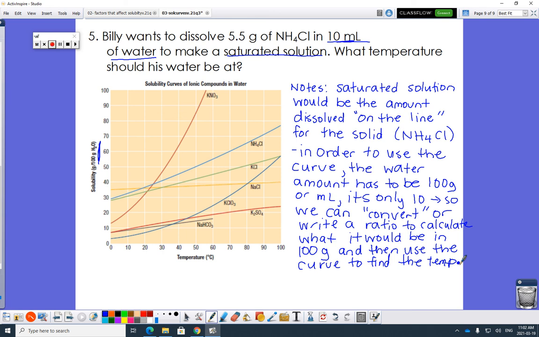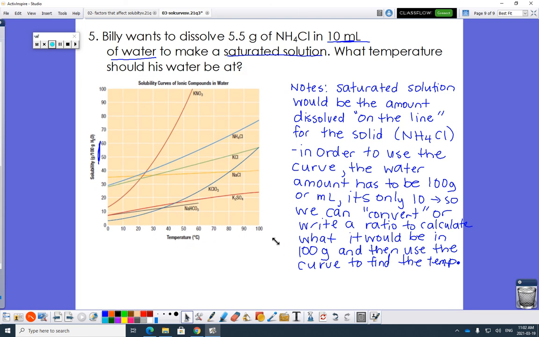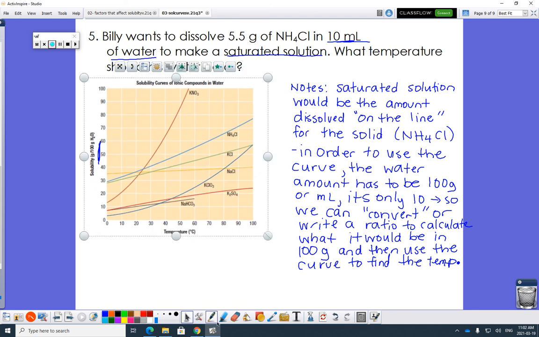So you can write a ratio. Again, that's why I said sometimes students look at this like stoichiometry. Now, this one, if you're mathematically inclined, is 110.